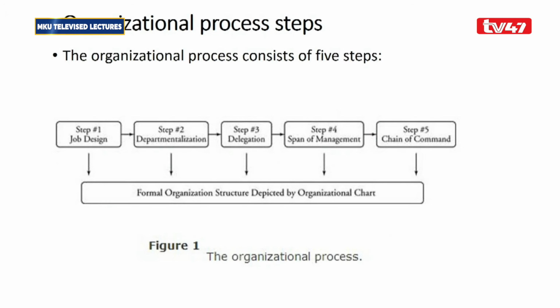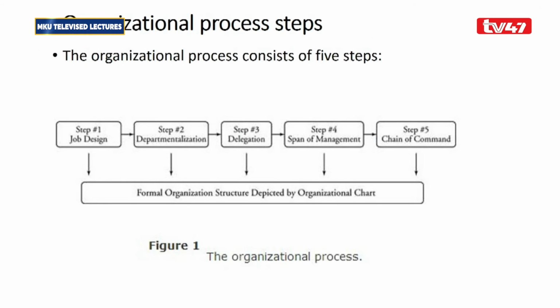Now let's look at the process of coming up with the organizational structures. So the first thing you need to do is to come up with a job design. You have to know what departments are involved, or what our job description is basically here. What is there in our organization.